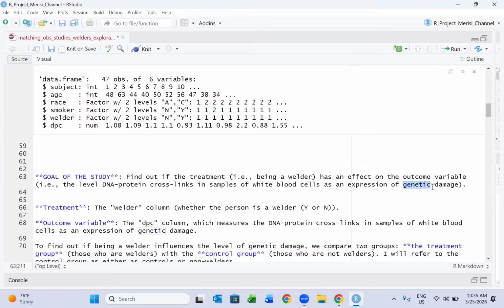As you will see, I will accomplish that by using the propensity score. Once the groups are matched, I will be able to confidently compare the 21 welders and the 21 non-welders with respect to their genetic damage.